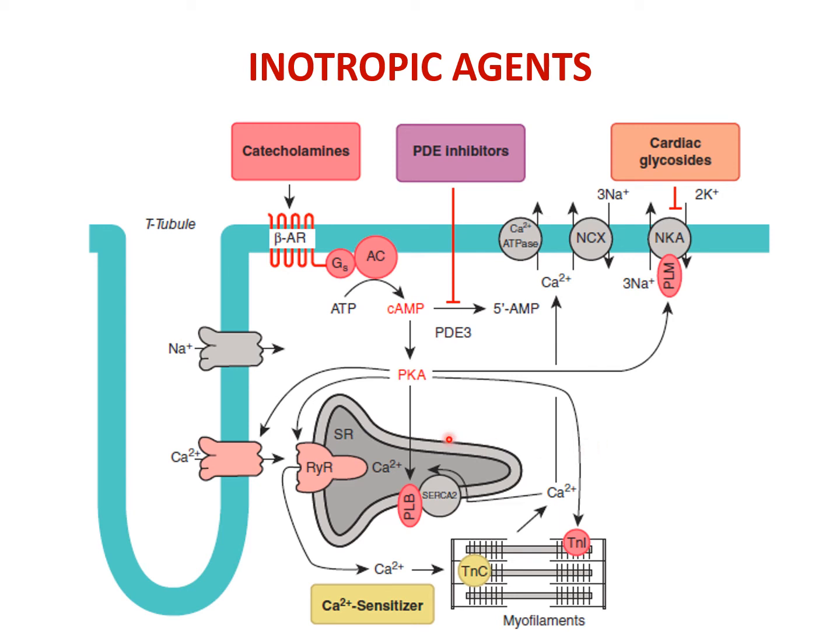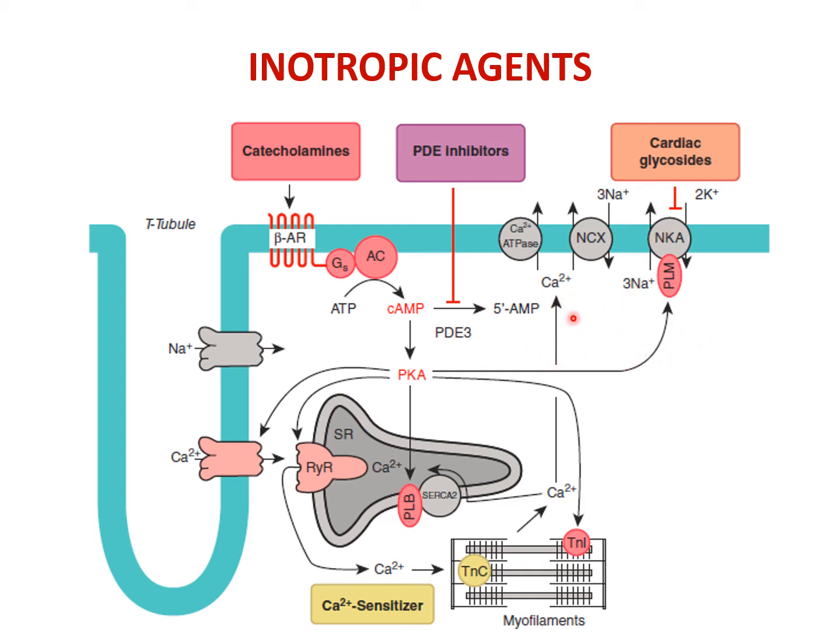Here we have different drugs which act as positive inotropic agents. One of the important drugs is the cardiac glycoside, digoxin. This drug will inhibit the sodium potassium ATPase enzyme. This inhibition will cause more sodium to accumulate inside the cytosol.